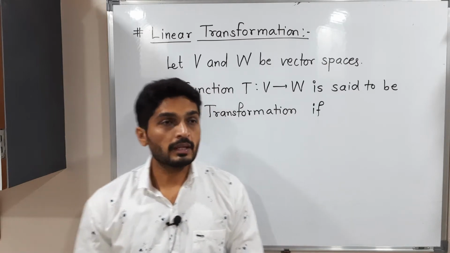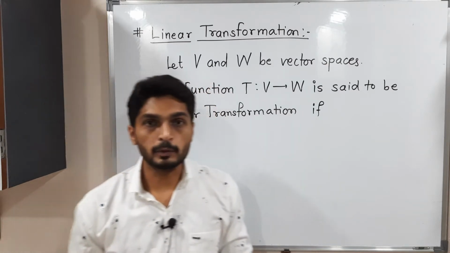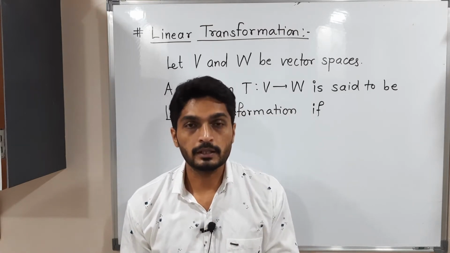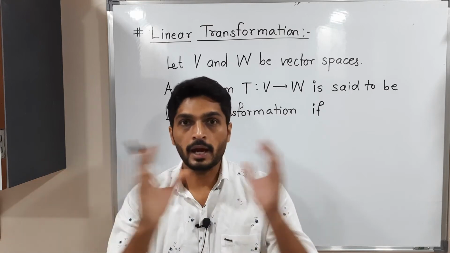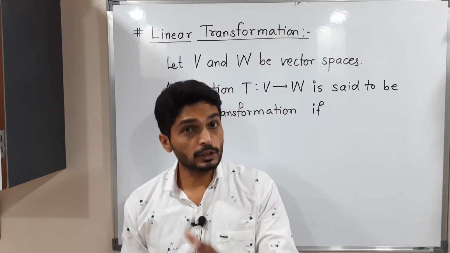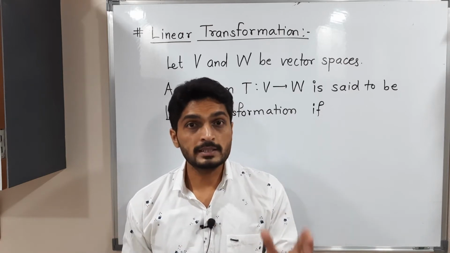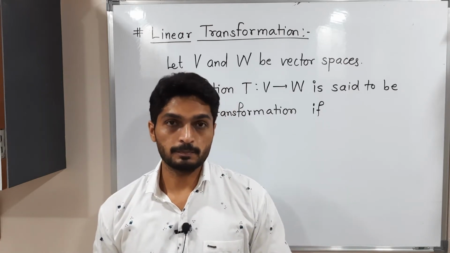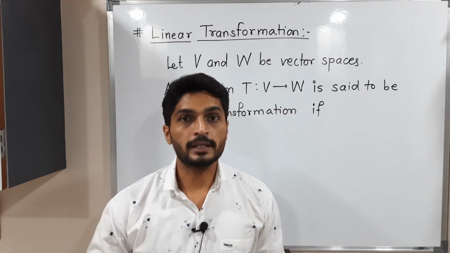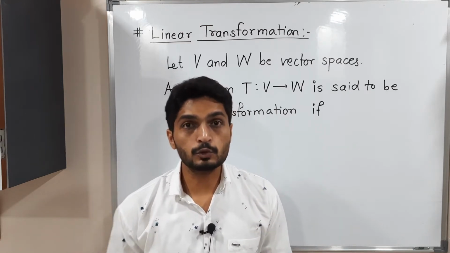So when we have two vector spaces V and W, V is a domain and W is a codomain, and T is a function from V to W which satisfies two properties. Then we can declare it as a linear transformation. So let us see which are these two properties.